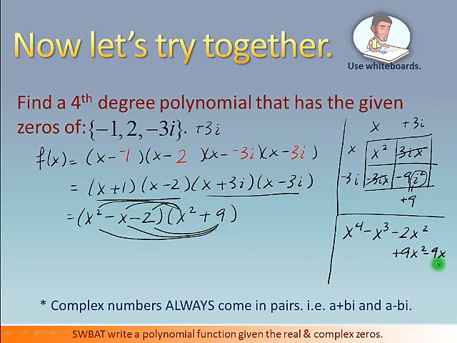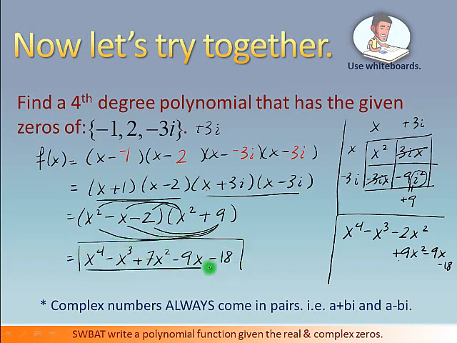I'm going to start lining things up. The only two terms that I can combine are the x squared terms. So that's going to give me x to the 4th minus x to the 3rd plus 7x squared minus 9x minus 18. So there's our 4th degree polynomial with the zeros of -1, positive 2, negative 3i, and an implied positive 3i.